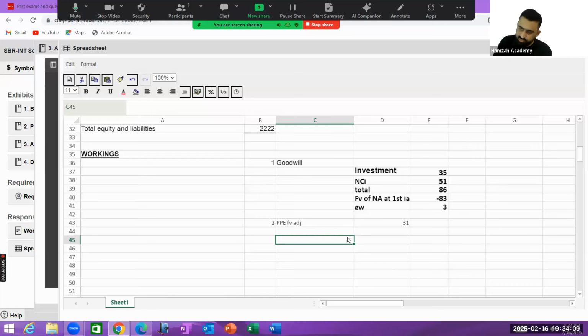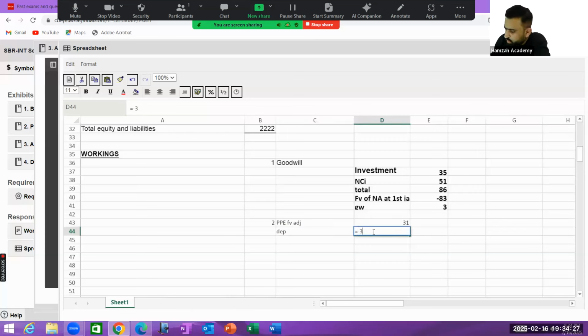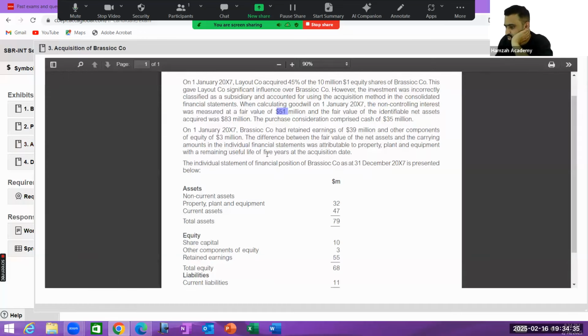And obviously that adjustment has been incorporated in the consolidated financial position. And the depreciation which we have recorded on this fair value adjustment would be equal to 31 divided by the remaining useful life, and the remaining useful life was 5 years at the date of acquisition.